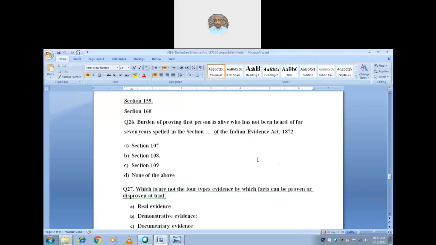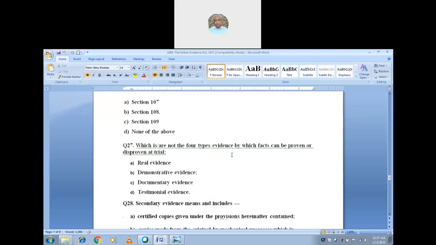In other words, he kicked the bucket. That means he died. Which section says so? Section 108 of the Indian Evidence Act 1872 says that if a person has not been heard of for more than 7 years, the presumption is that he is no more in this world.